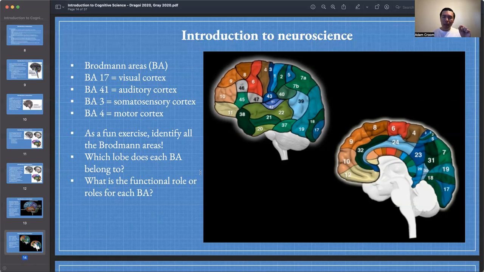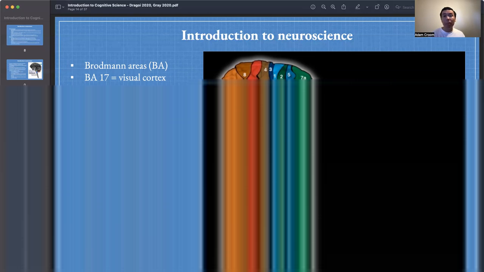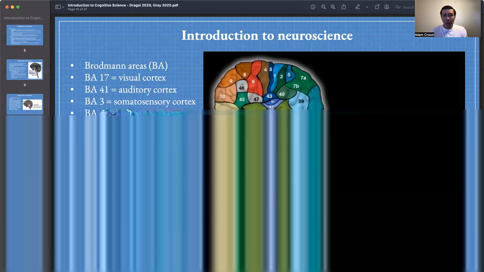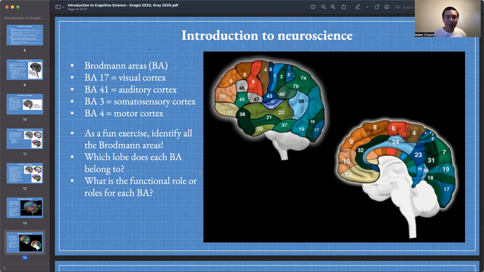So you can, at a more coarse grain level, just make sure that you know where the BAs are in terms of lobes, but also you can then, in a more fine grain manner, ask, what is this BA region responsible or at least partially implicated in, right? Is this area involved in audition, or is it involved in vision, or so on, okay? All right, cool. And we'll talk a lot about this, especially tomorrow when we get into the cognitive neuroscience of language.